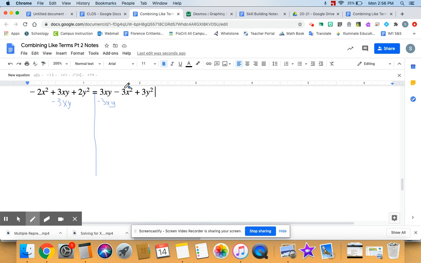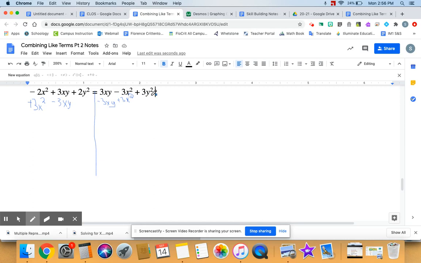Then I have a minus 3x squared on the right. And to get rid of it, I would have to add the 3x squareds. And which term am I going to add it to on the left side? The negative 2x squareds. So for this one, I'm going to add the 3x squareds over.